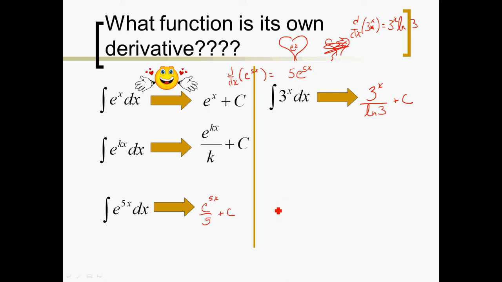Of course, I can chain rule you with some function inside the x, and as long as you have the derivative of the inside function to suck back up, you're all good. So in general, the antiderivative of any number raised to x, and this is important, this is not a function, is a to the x divided by the natural log of the base.